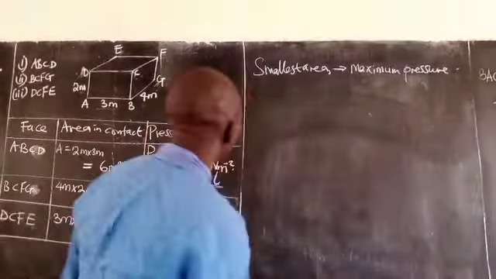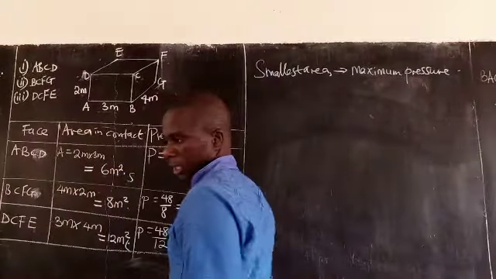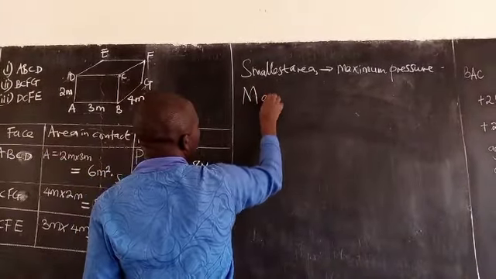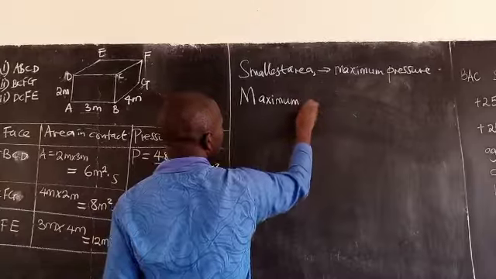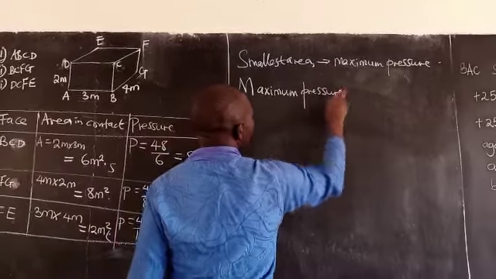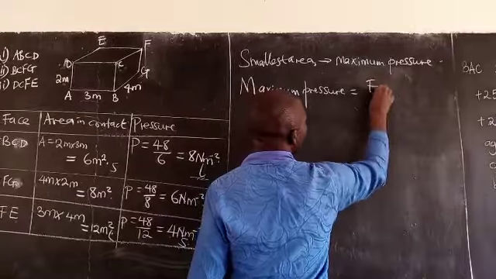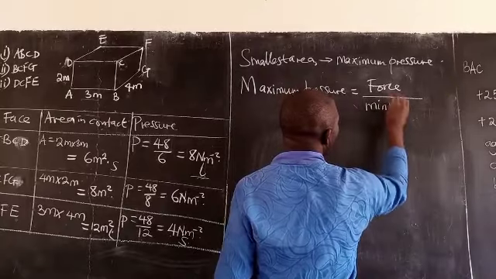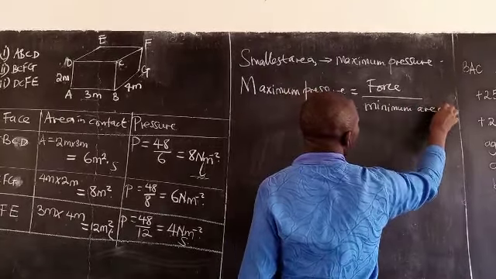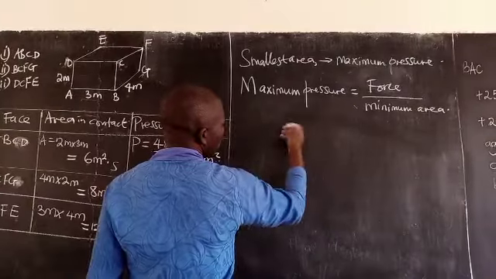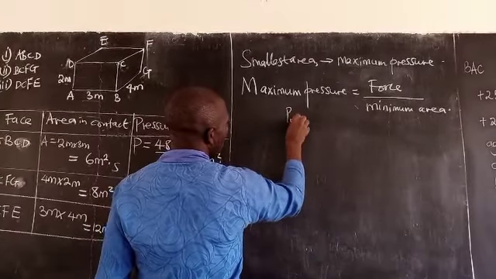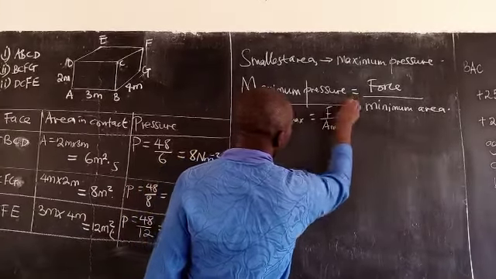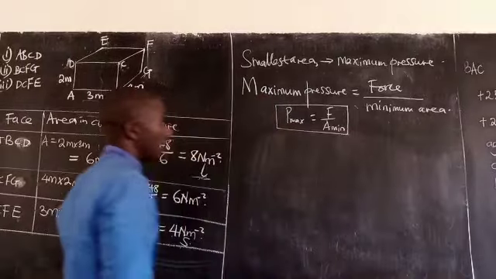We can conclude and say that maximum pressure equals force, which we have said does not change, out of minimum area. We normally summarize that P max equals F over A min. We just already summarize with that.